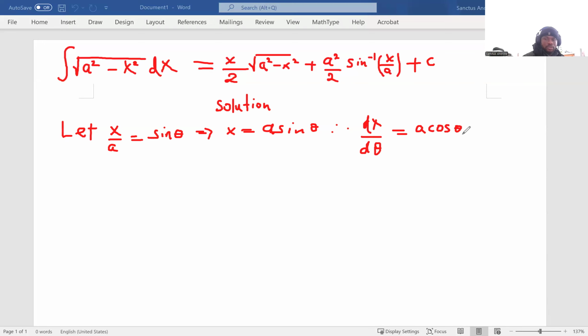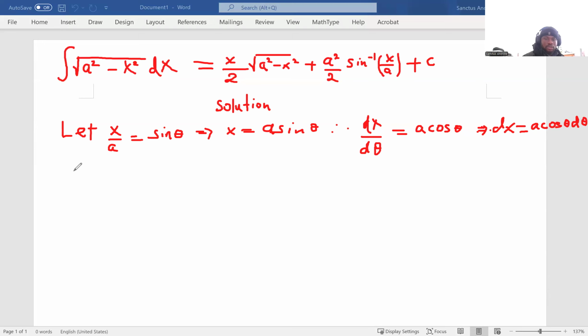So this implies that dx is equal to a cos theta d theta.